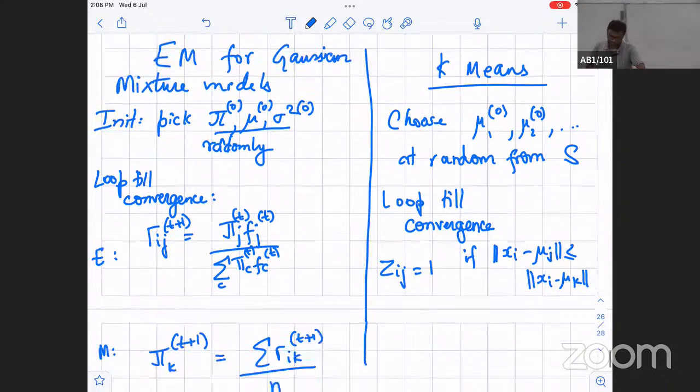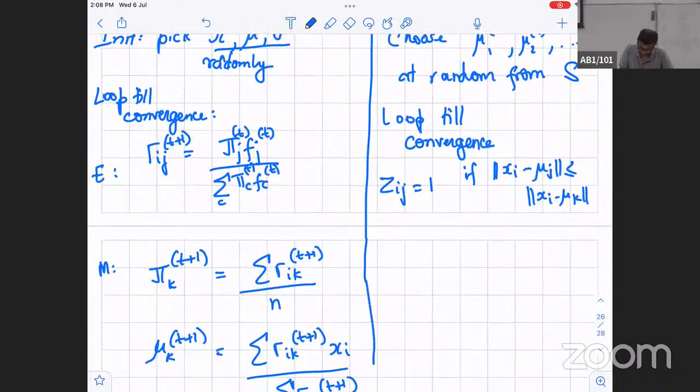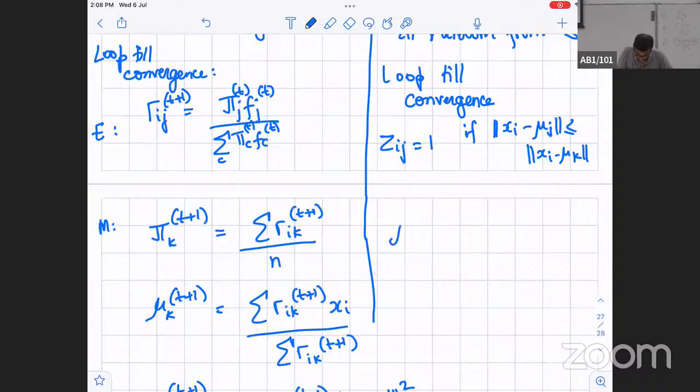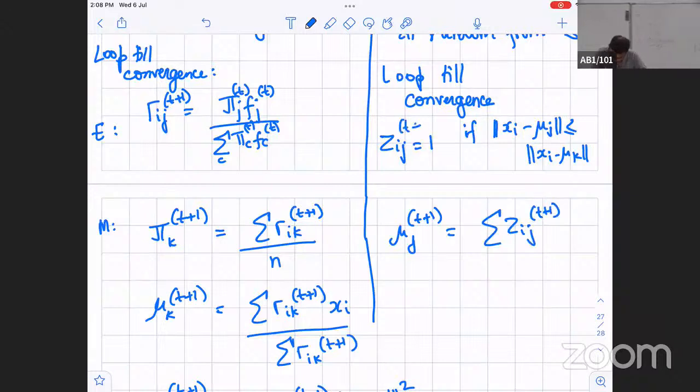And what happens in the next step? You just compute mu j. So mu j of t plus 1 is equal to the sum of Zij of t plus 1 times xi, divided by the sum of Zij of t plus 1.